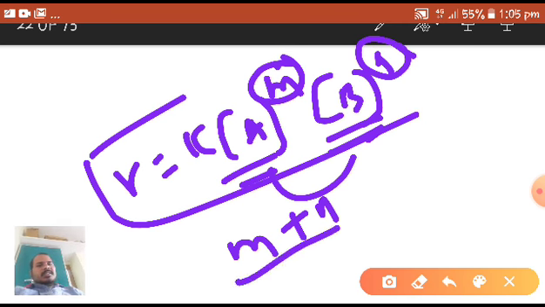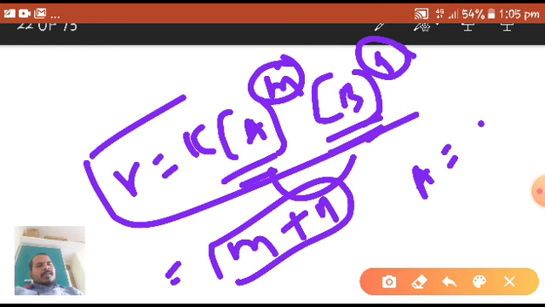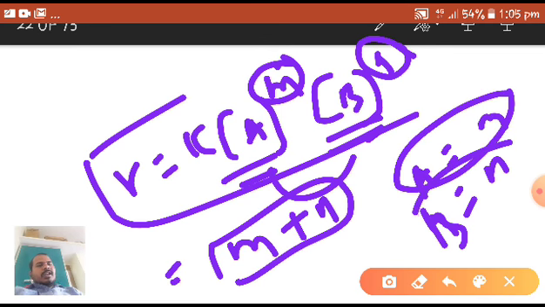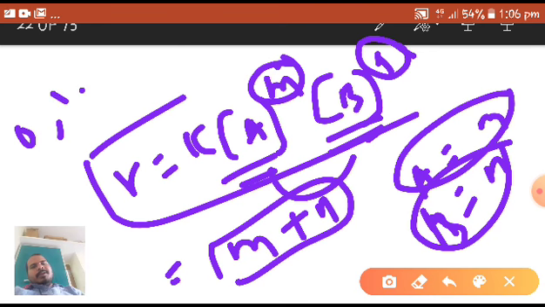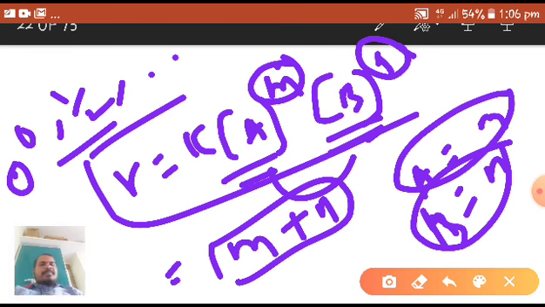So the order of the reaction with respect to A is m, with respect to B is n, and the overall order of the reaction is m plus n. Order may be 0, or it may be a fraction. It should be determined experimentally.